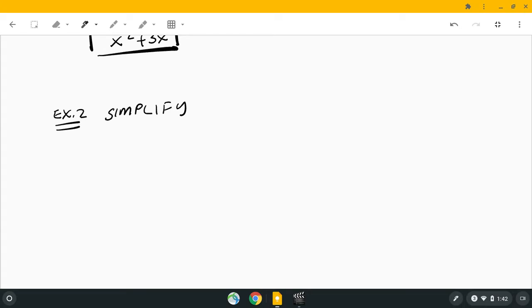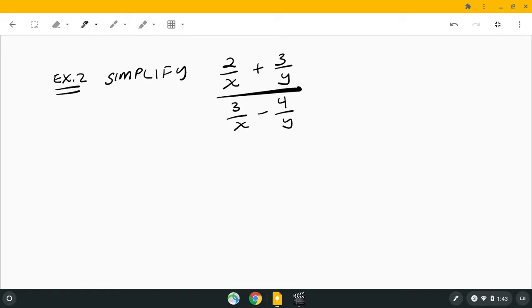Okay, let's simplify 2 over x plus 3 over y, over 3 over x minus 4 over y. Okay? All right, now, I'll do the 2 methods here.